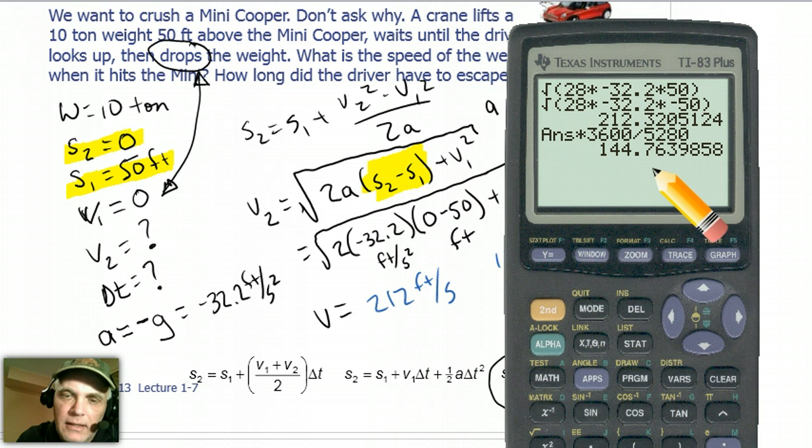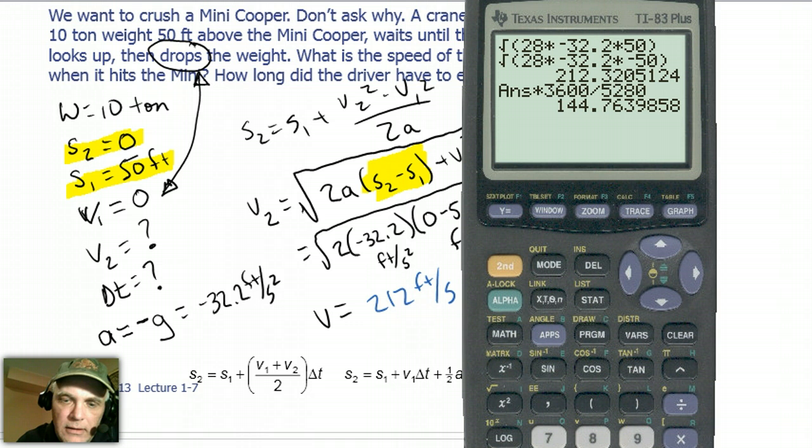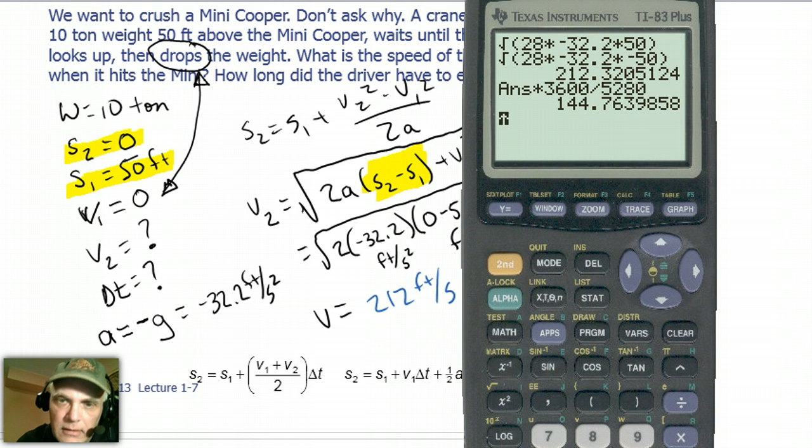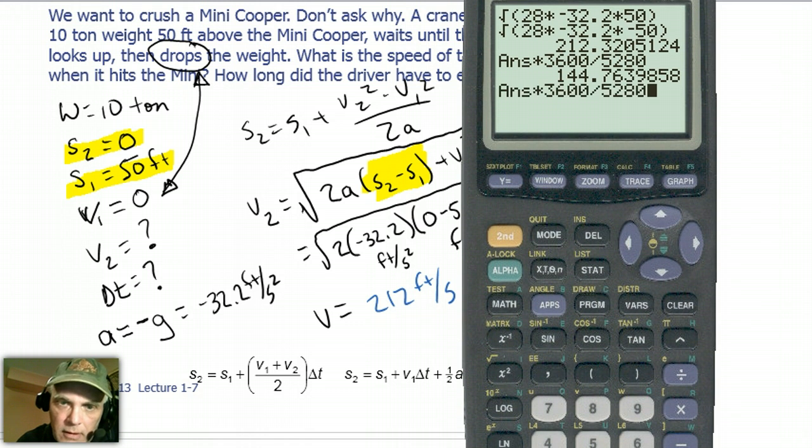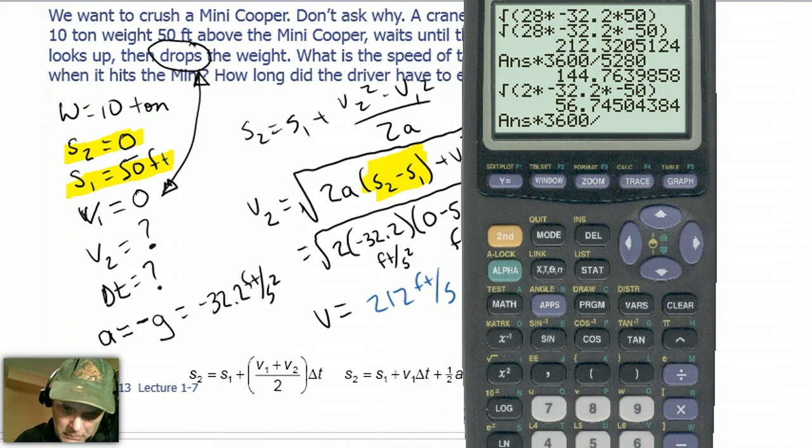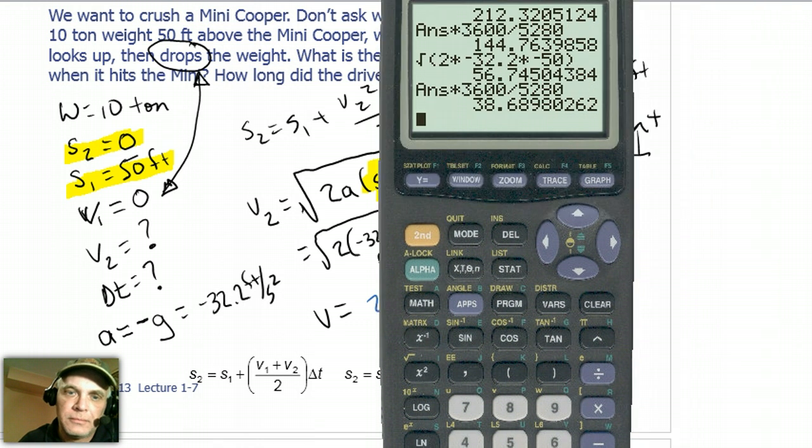I just did not take my time on the calculator. So let's fix that. Go back to that calculation and delete my 8, and get a lot better answer: 56.7. Then times 3,600 divided by 5280 to get miles per hour.